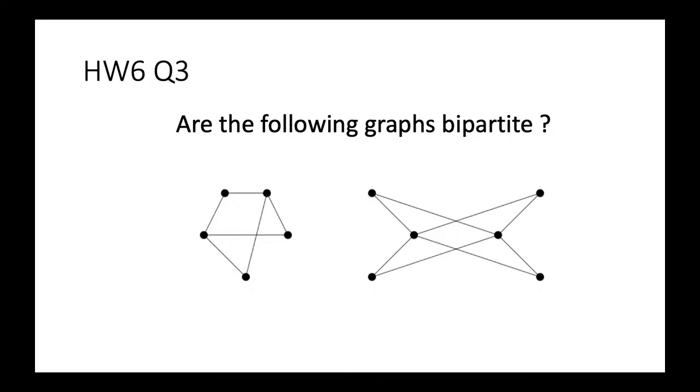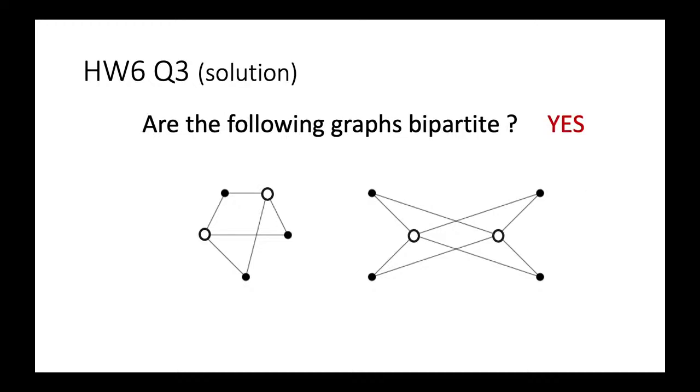And in this example, the 2 graphs that we are seeing here, they are both bipartite. So we are just giving a coloring. So we color these 2 as white. Then we see that all the edges are joining between different colored vertices. And similarly, there's level 1, level 2, level 3. So we have the level 2 vertices in white.